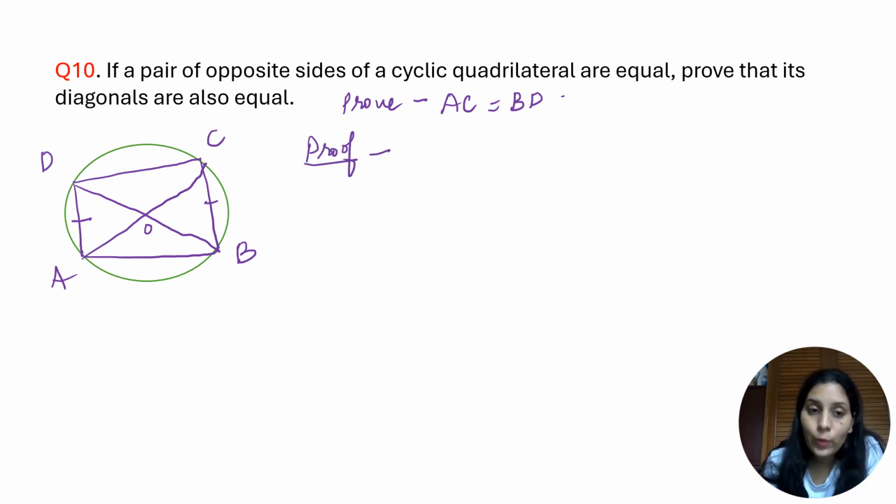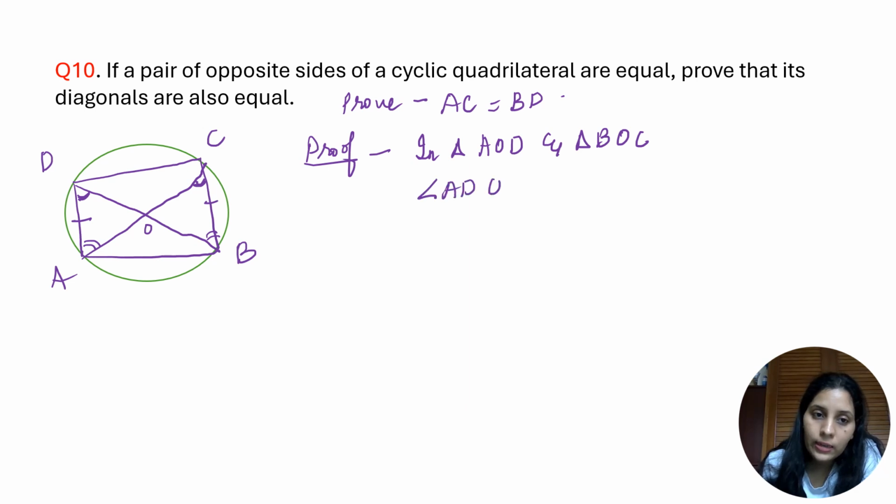Since we are not given anything, see here we can tell that this angle and this angle are equal because both the angles are formed using the same segment AB, and this angle and this angle are again equal, both the angles are formed using the same segment CD. So let us consider triangle AOD and triangle BOC.